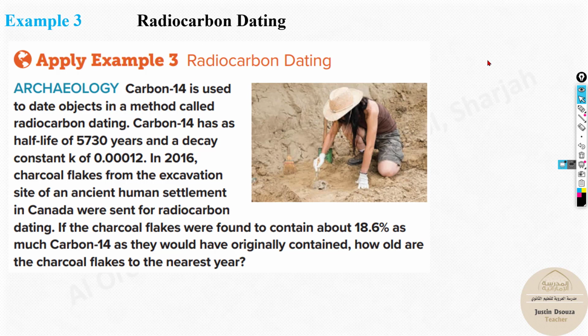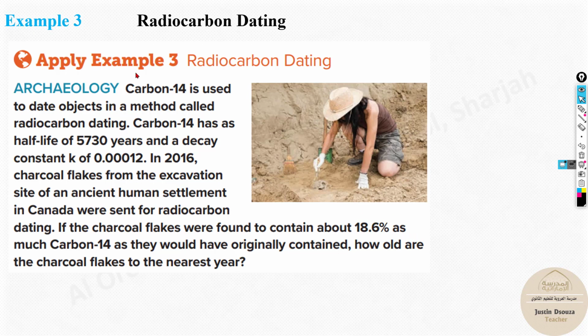Okay, it's a long problem, but we can break it down. The main thing we are dealing with is carbon-14. They have told the half-life, that means it reduces to half in 5,730 years, and they have already given us the k value. Some fossil was found, charcoal flakes, and it contained 18.6%.